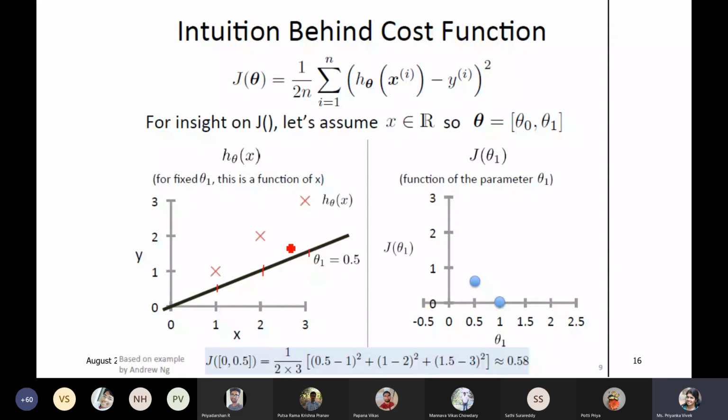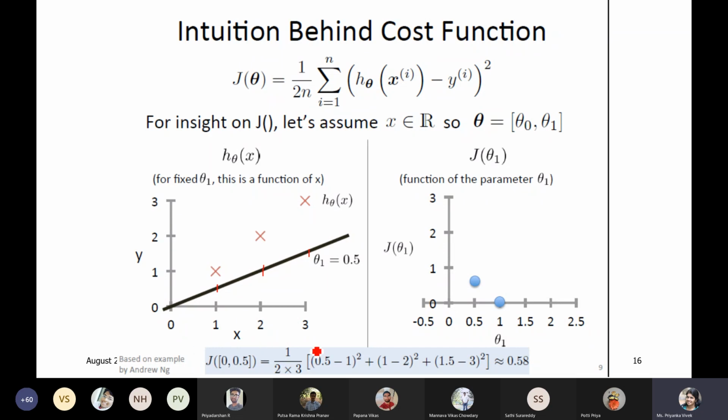This is normal mathematics, what you do for the equation of a straight line, when you substitute. So those are your predicted points, and your actual points are 1, 2 and 3. So what would be the error? It is 1 by 2 into 3 according to the formula, as there are 3 instances.